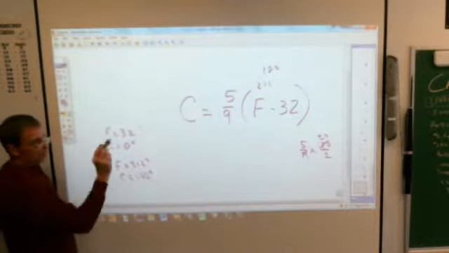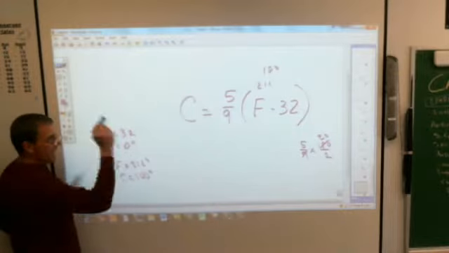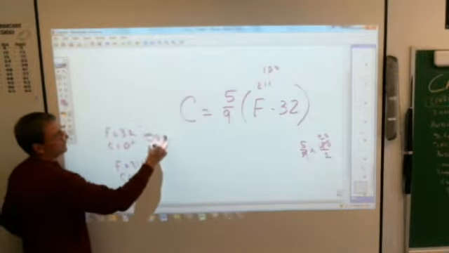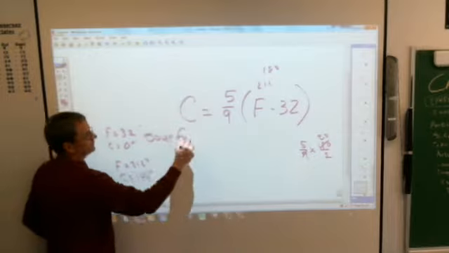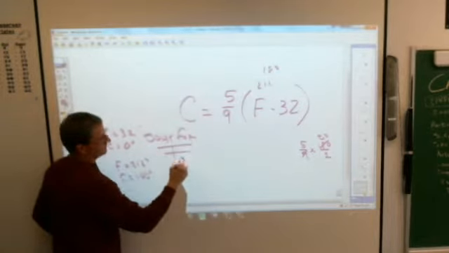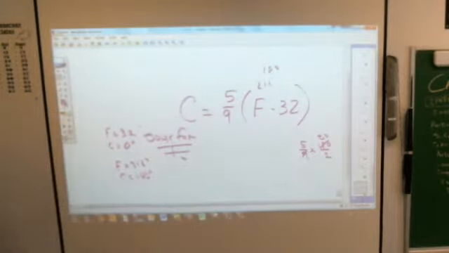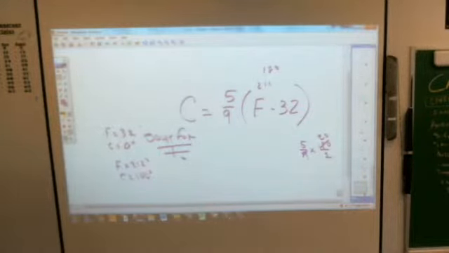Now, what if I asked you to solve this for F? How am I going to get the letter F by itself over there? We run into a small roadblock. I will entertain any suggestions at this point.